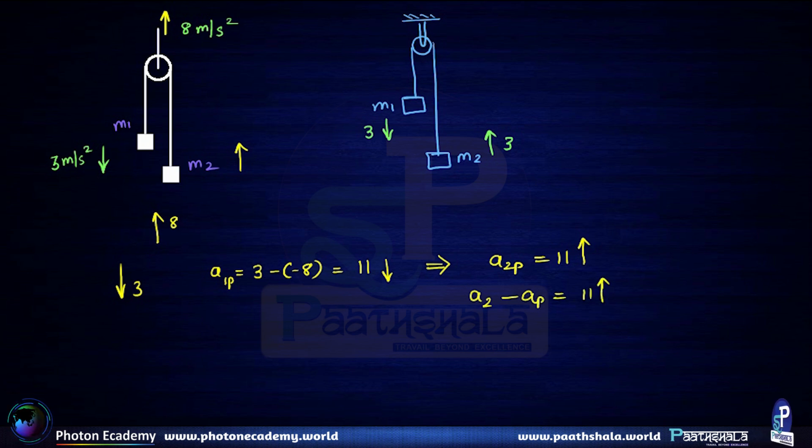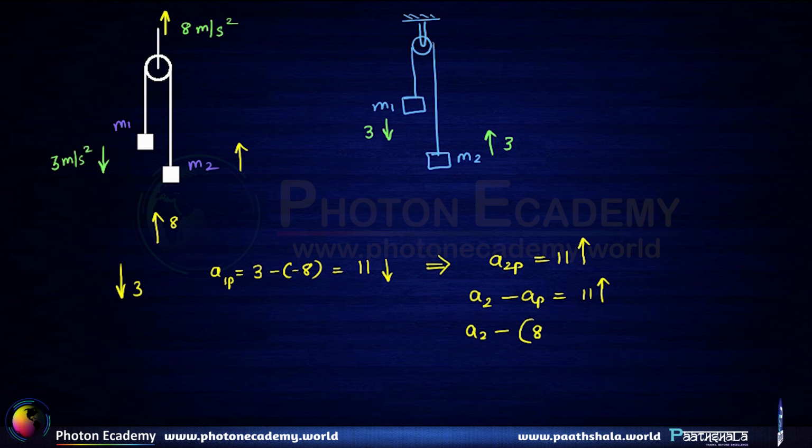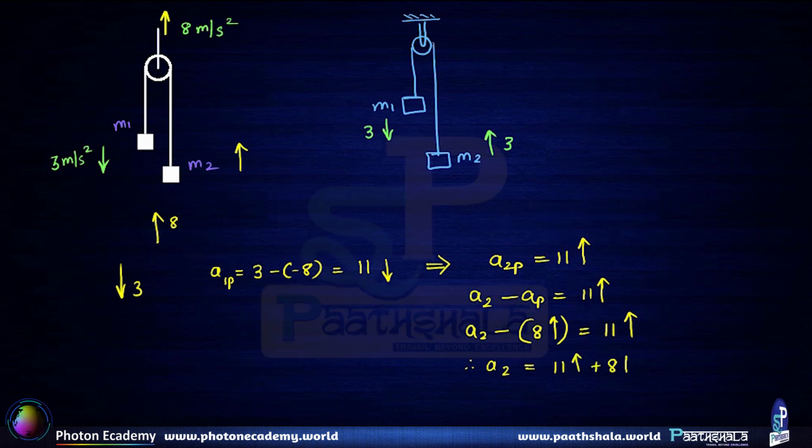So this is equal to 11 in the upward direction. So this happens to be A2 minus acceleration of the pulley. Acceleration of the pulley happens to be 8 in the upward direction. Therefore, A2 happens to be equal to 11 in the upward direction plus 8 in the upward direction. So this is equal to 19 in the upward direction.